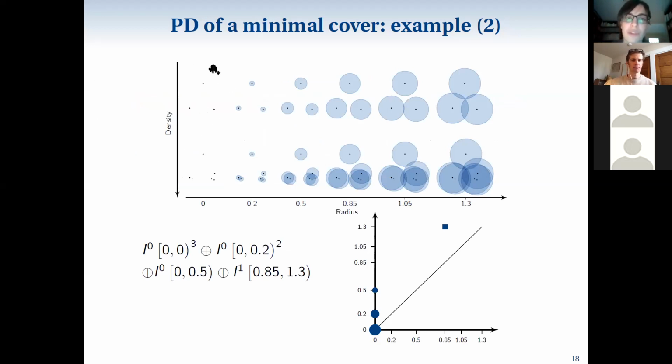Here we have 3 connected components, and here we have 6 connected components. So there are 3 connected components that are both here and here. And actually here we have an interval sphere in degree 0, so 3 interval spheres, all of them starting in 0. But then we have another 3 interval spheres in degree 0 that are lasting a little longer.